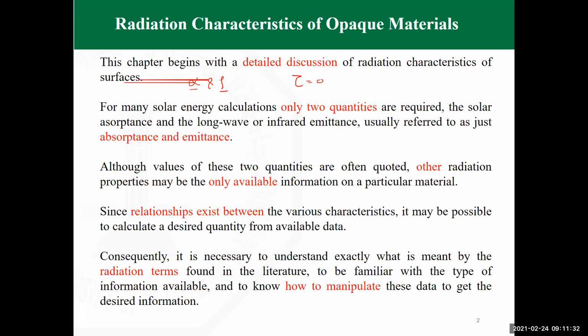So we're going to be exposed to some manipulation through which I can estimate the values of the absorptance or the emissivity. And this is basically by knowing the value of rho, or the reflectivity, meaning that if I know the value of rho, I should be able to determine the value of alpha or the value of epsilon. So this is basically what the whole chapter is all about.